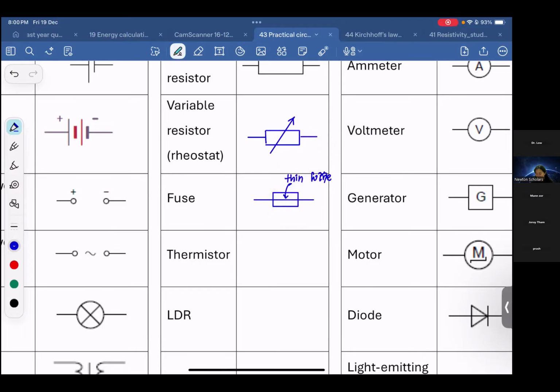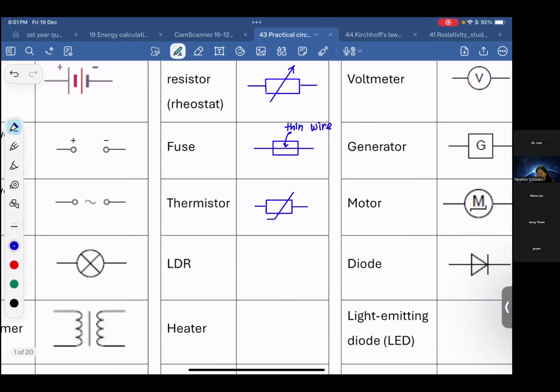Thermistor is to detect heat. A thermistor is also a resistor, so the structure is also a resistor, then like this. LDR, just now I mentioned, receives light. We detect the light intensity, so the arrow should be pointing in.